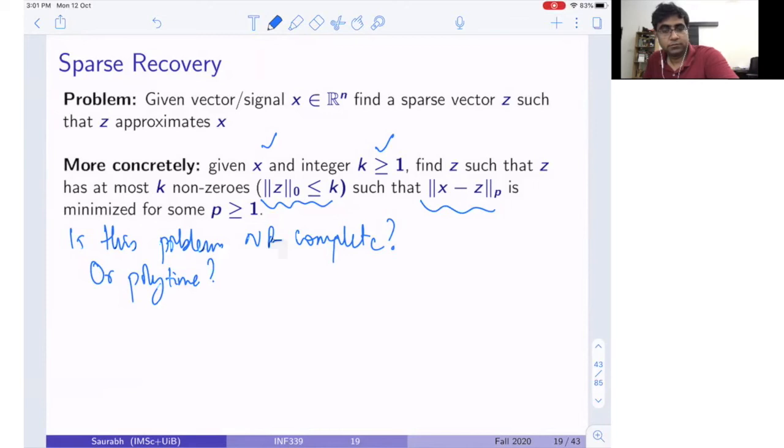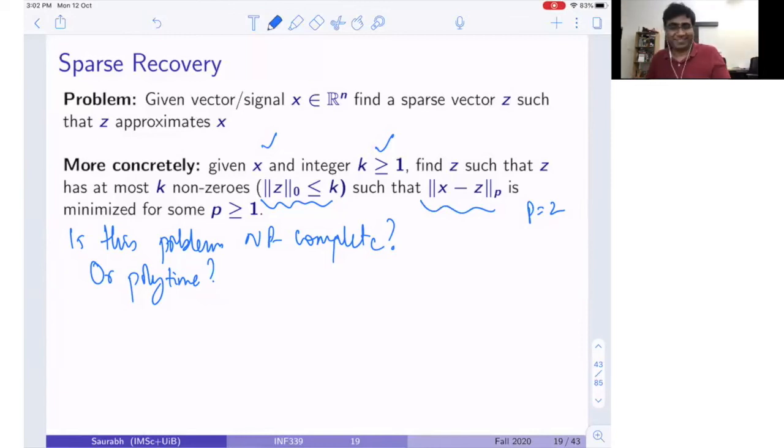I think it is NP-complete. Okay, anybody else? You should also say for which p, say p equal to 2, for example. And k is part of the input? K is part of the input. Yes, it should be NP-complete.